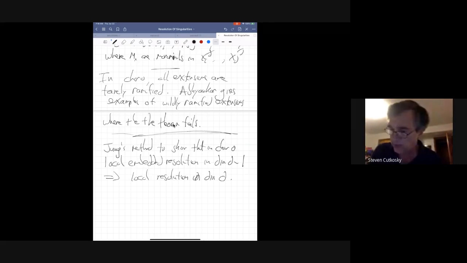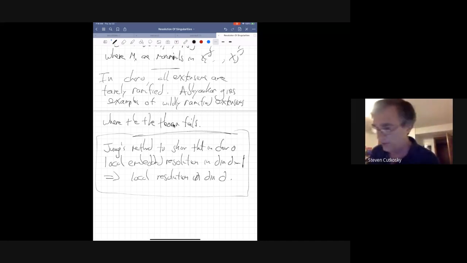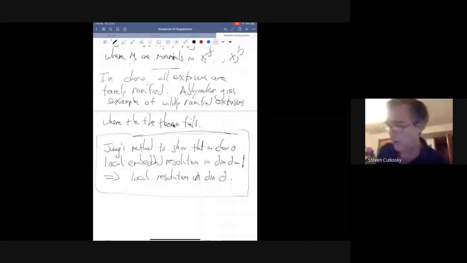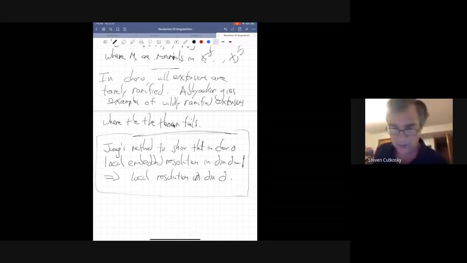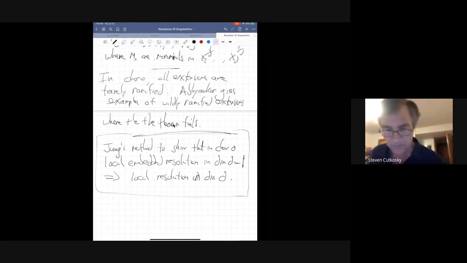Okay, so this is the important method. If you're in a surface, the local embedded resolution is just resolution of curve singularities.